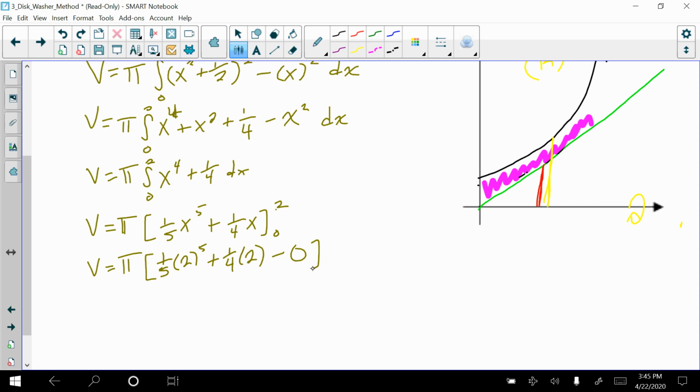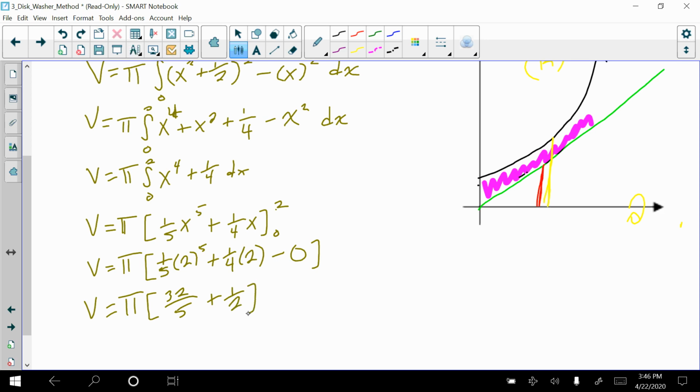You don't have to write it. Now, keep going. Sorry, my throat's drying out here. So that's going to give us what, 32? 2 to the fifth power is 32. So we have 32 fifths plus 1/2.